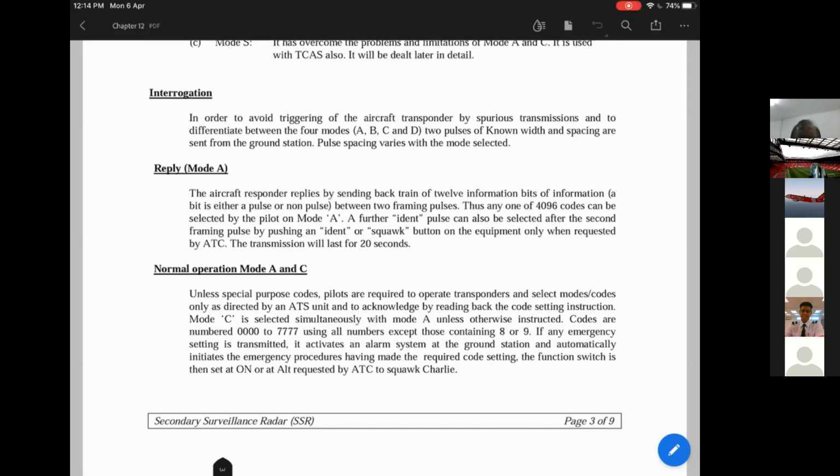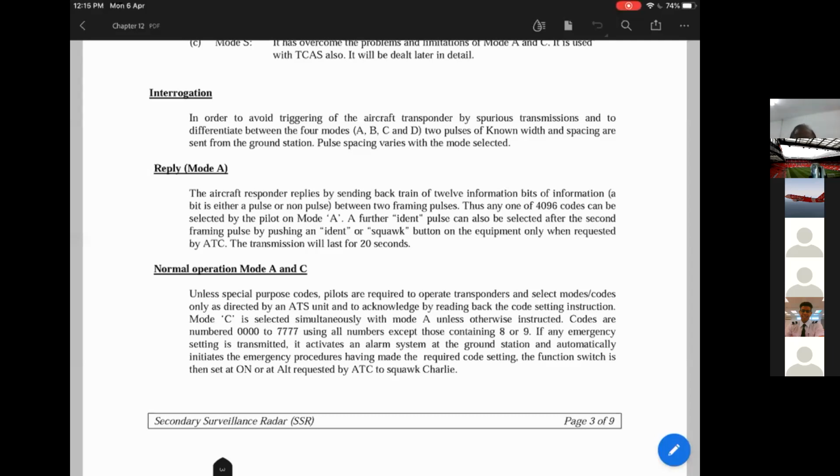The duration of this identification is 20 seconds. Once you press this switch, your information will start blinking on the controller screen so that the controller can immediately identify who you are.